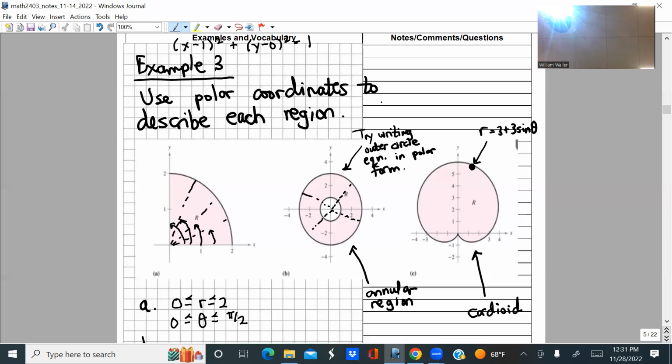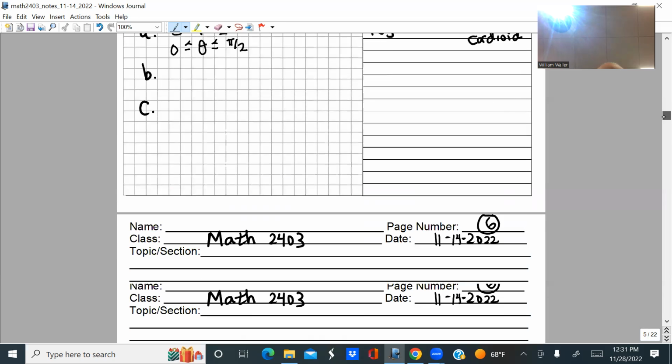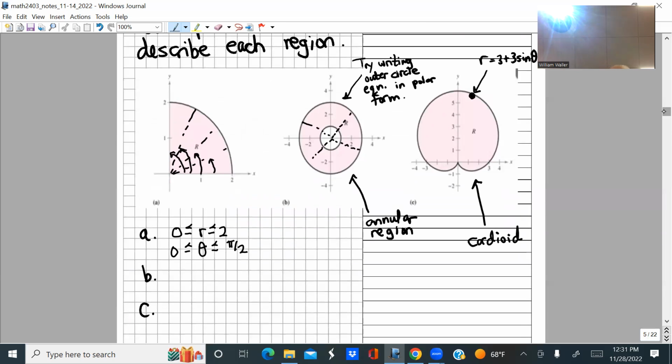So again, very easy to write that down. We just want R values between 1 and 3. I guess because of the way they've drawn this, we'll use less than or equal to. It looks like the circles themselves are included in the region, because they've got solid circles there. So I think we'd use less than or equal to.